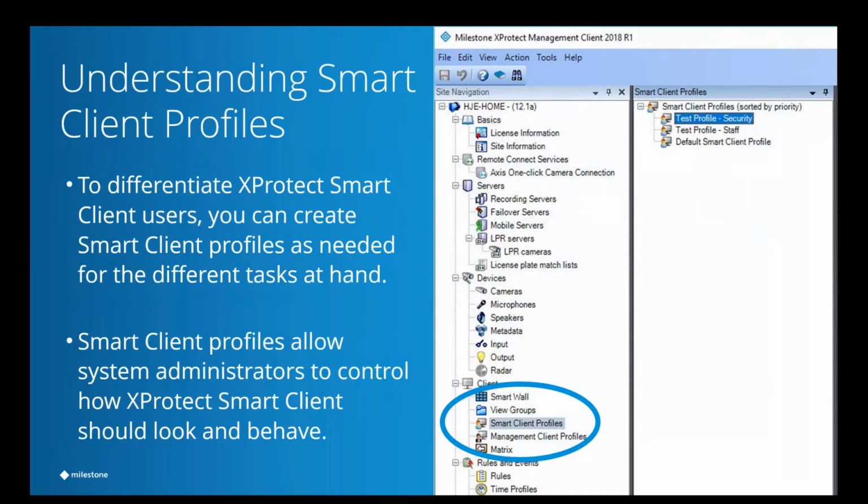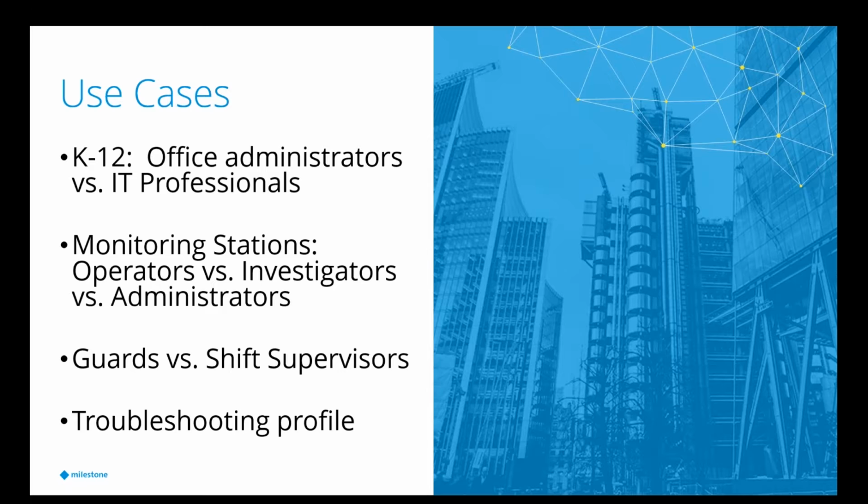As far as use cases go, when you have opportunities to define the roles and the access that people have to the smart client, you're usually looking at a lower or a higher level of profile. So in K through 12, you're talking about office administrators versus your IT professionals.